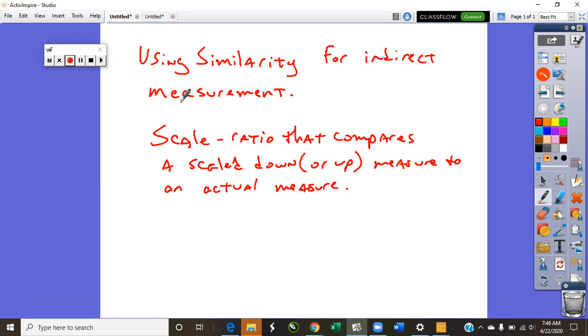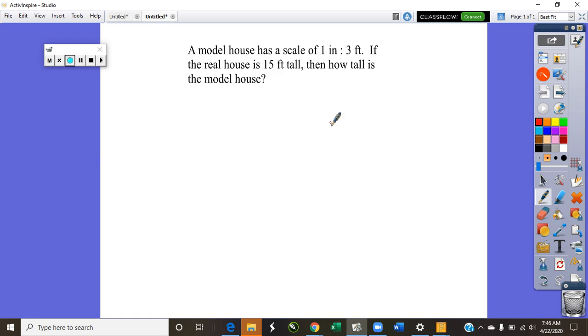All right, so let's move into the first example of what we're going to see, okay? These are going to be word problems, but they're not hard, okay? So we have a model house has a scale of 1 inch equals 3 feet. Okay, we're going to keep that same rule that we've been having this whole time in mind, okay? And that's the same shapes. We're going to call this measure on the same levels.